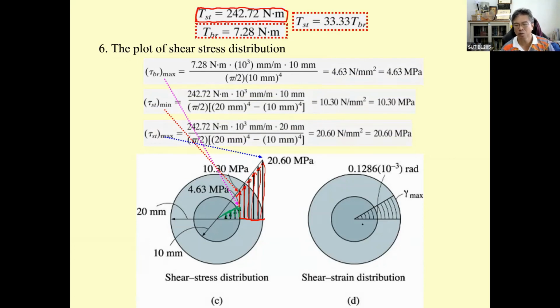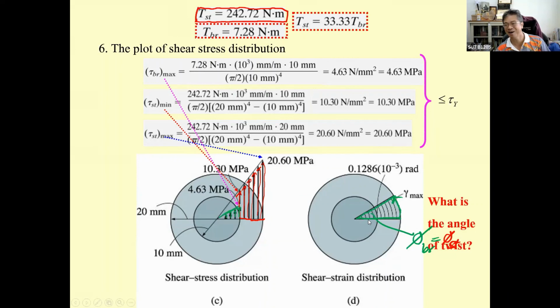Due to the perfect work together between these two materials, the angle of twist must be the same. This is going to be phi BR equal to phi sub ST. Okay, you may compute this angle of twist, and I give it to you as the example.